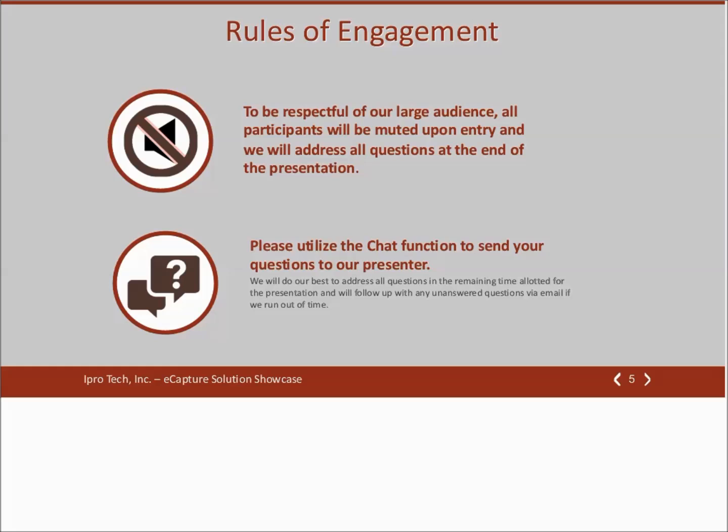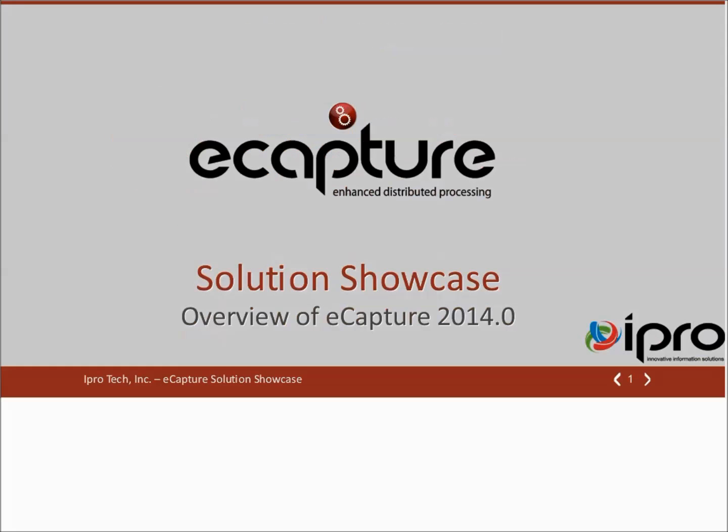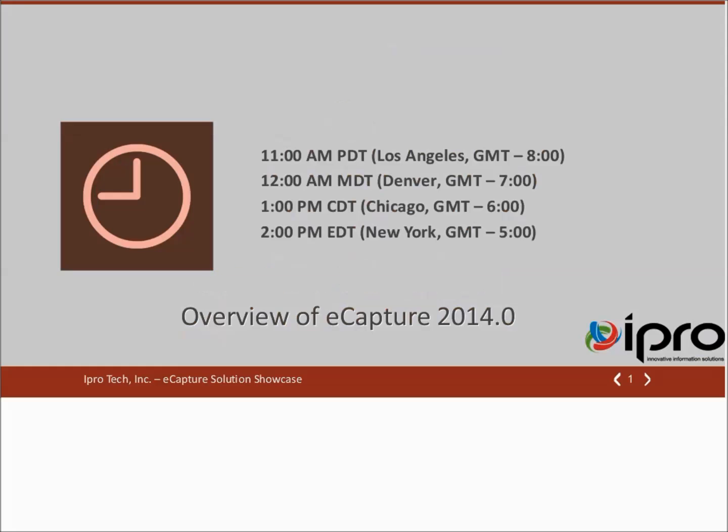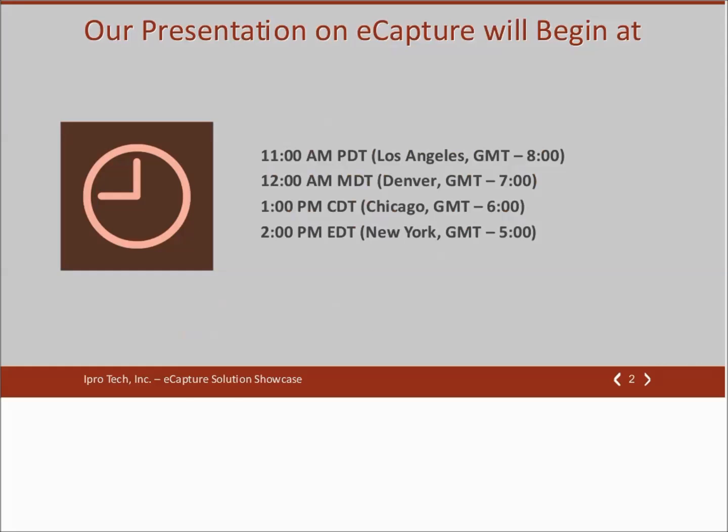So let's go ahead and begin our tour and discussion of the new features that have been added to the 2014 version of eCapture. Because today's highlight will be primarily an overview of those new additions and changes to the tool, I'm going to be taking advantage of a few things a little different than my normal feature showcase.